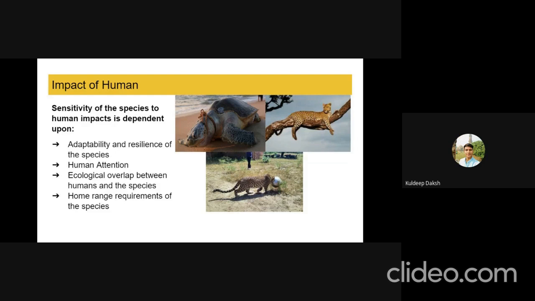Ma'am, how will this attention affect the species? We are talking about the sensitivity of species to human impact. One species may have a different impact compared to another species when we have the same human intervention. So one species can survive and another can't because of human attention.